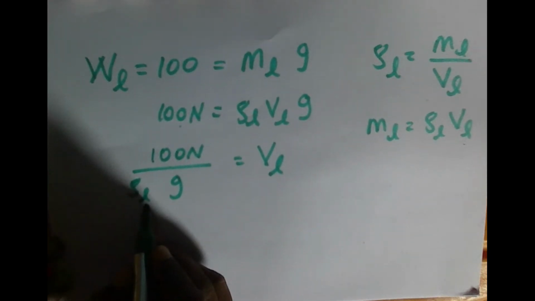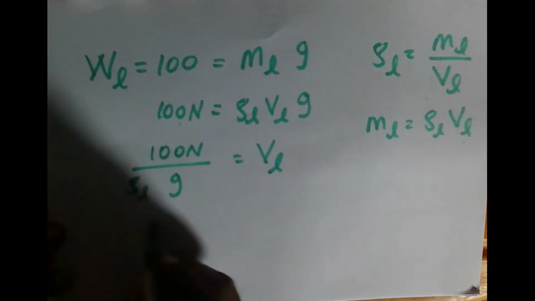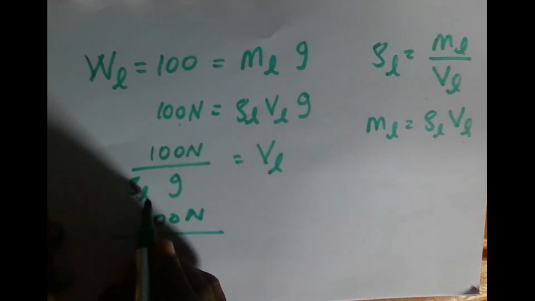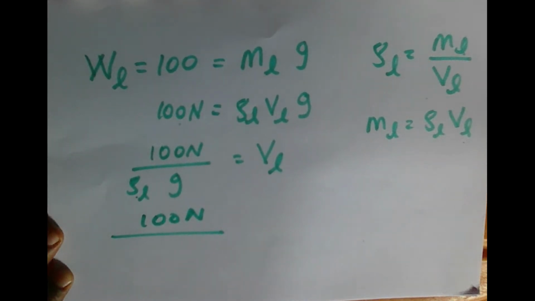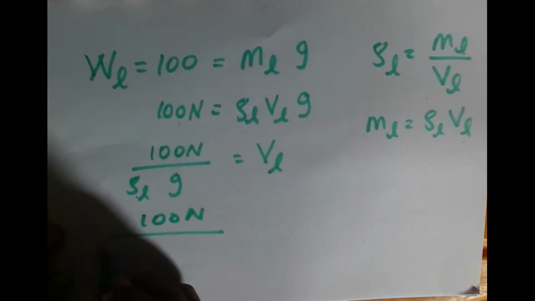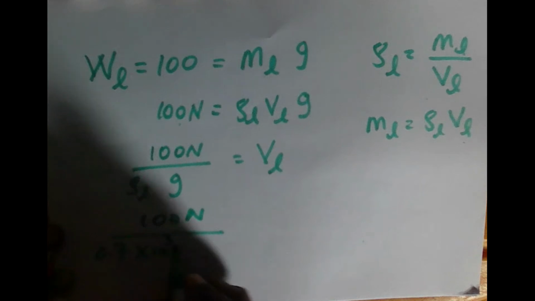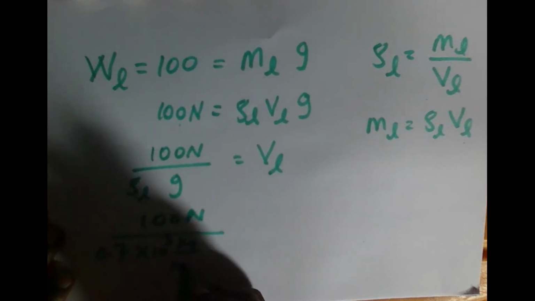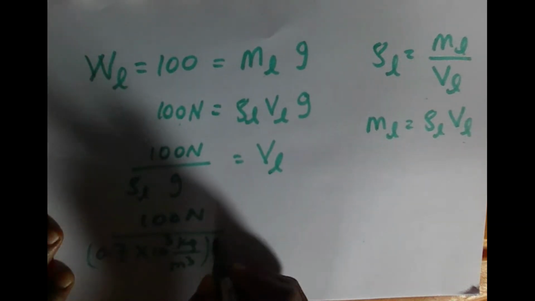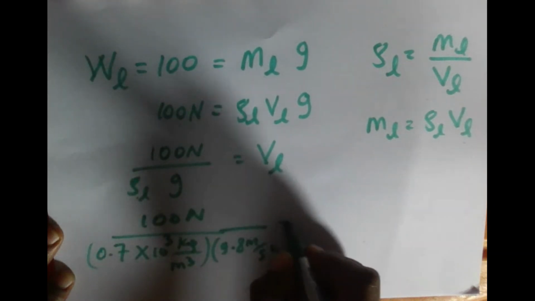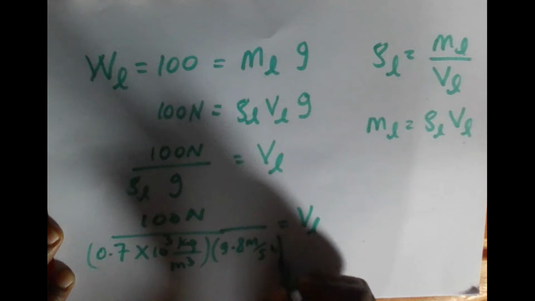Now we have the values: this one is given as 100 Newton, and this is a constant. Rho of the liquid is already given, which is 0.7 times 10 raised to 3 kilogram per meter cubed, multiplied by 9.8 meter per second squared.